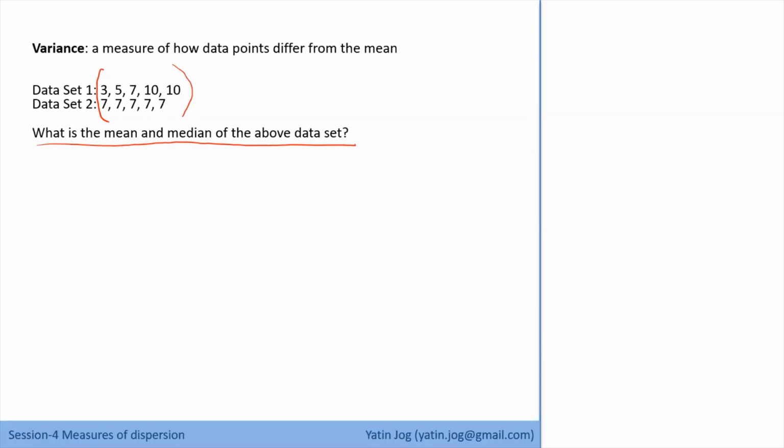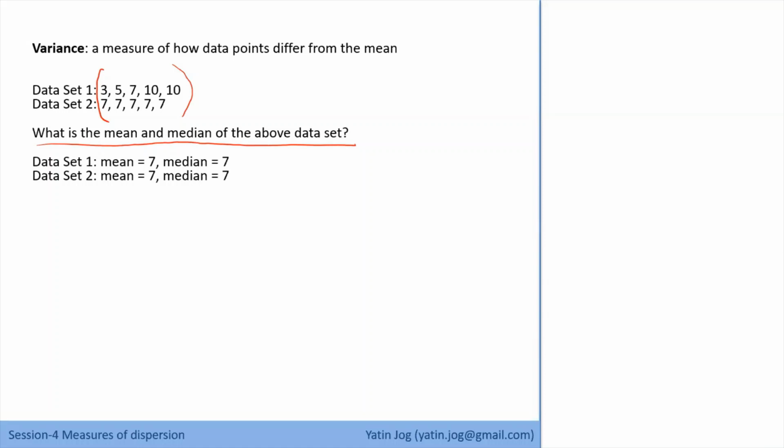Okay. So if you look at data set 1 and data set 2, both have the same mean. That means the average of both the data sets is 7. So mean of data set 1 is 7, median is also 7, and mean of data set 2 is also 7, and median is also 7.